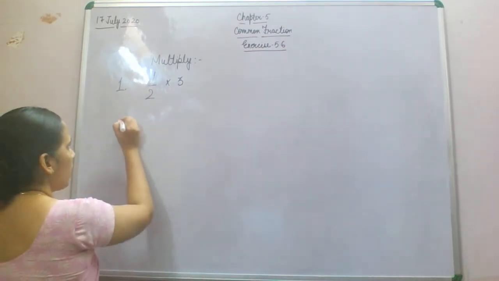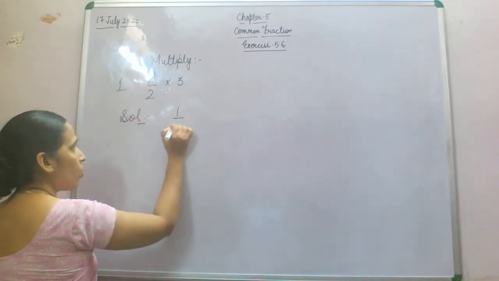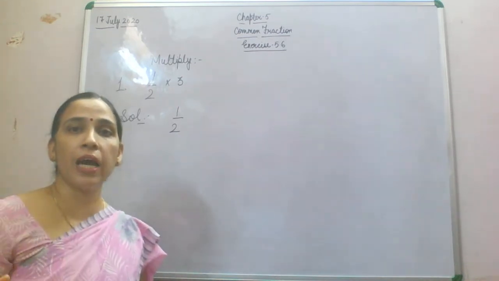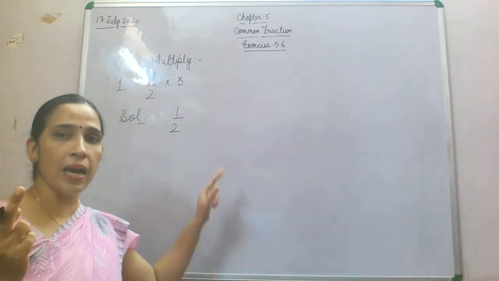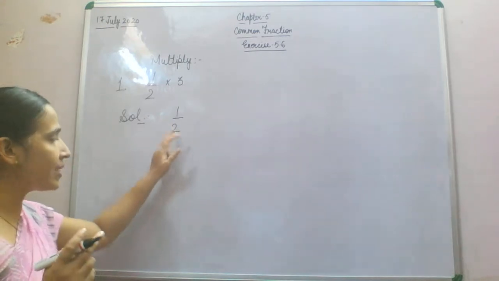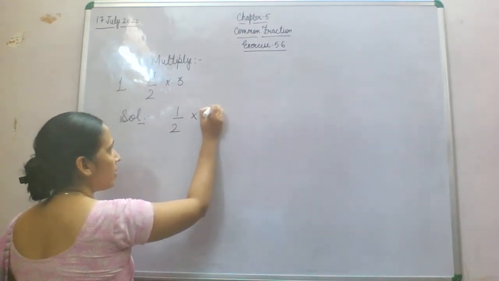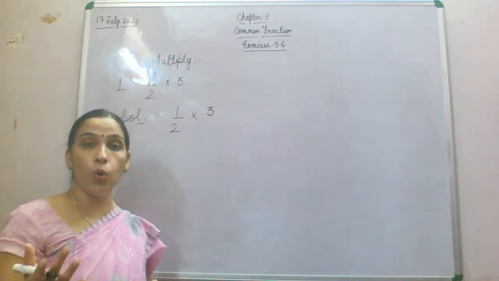Now I'll come to the solution first. 1 by 2 is what? It is a unit fraction. What are unit fractions? Unit fractions are those fractions where we have 1 in the numerator. So 1 by 2 is an example of a unit fraction. This will be multiplied by 3. Now 3 is what? 3 is a whole number.